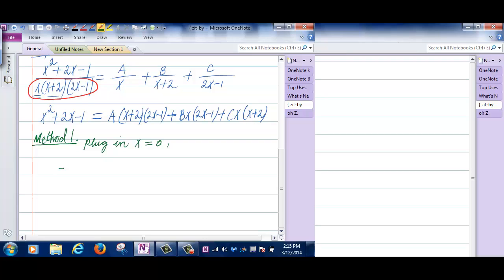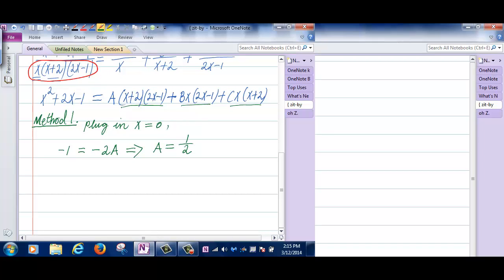On the left, we are going to get negative 1. On the right, if I plug in x to be 0 here, what do I get? 2 times negative 1, which is negative 2a. And these two terms will vanish when x is 0. So that tells me right away a is half.